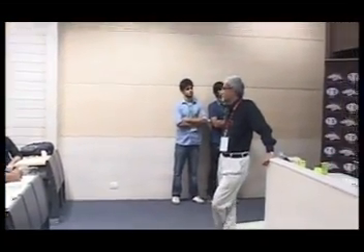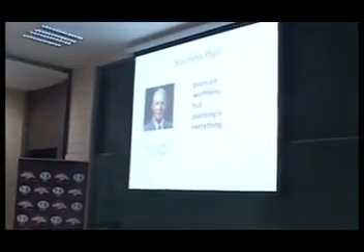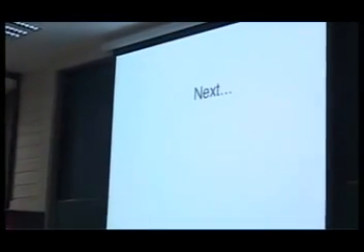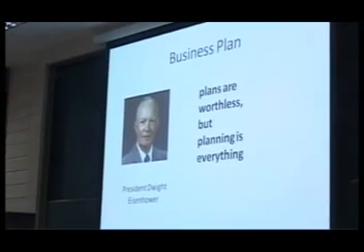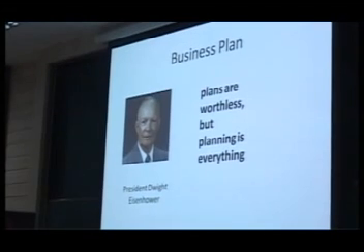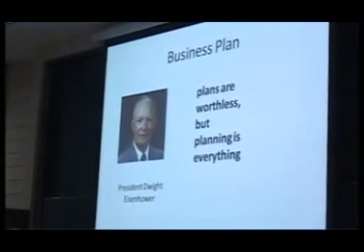Next. Okay. That's where we get into the thing of a business plan, right? How many of us have heard this term, business plan? Okay. Yeah. There's a very interesting saying by President Dwight Eisenhower, who was America's general in the Second World War, who actually became president in 19.